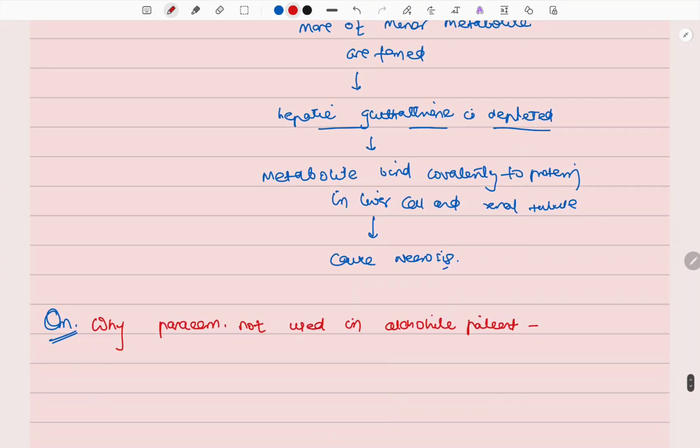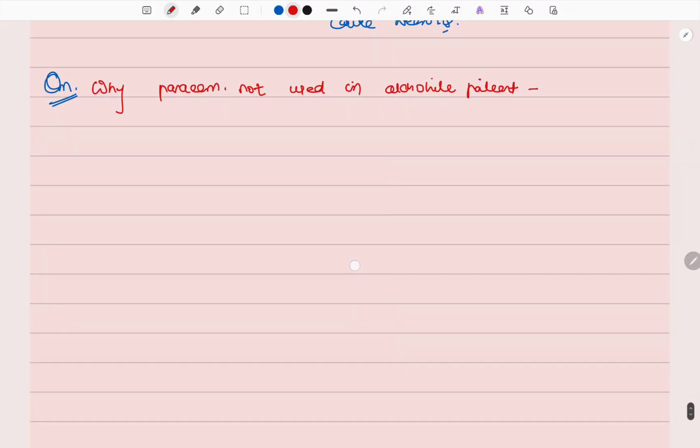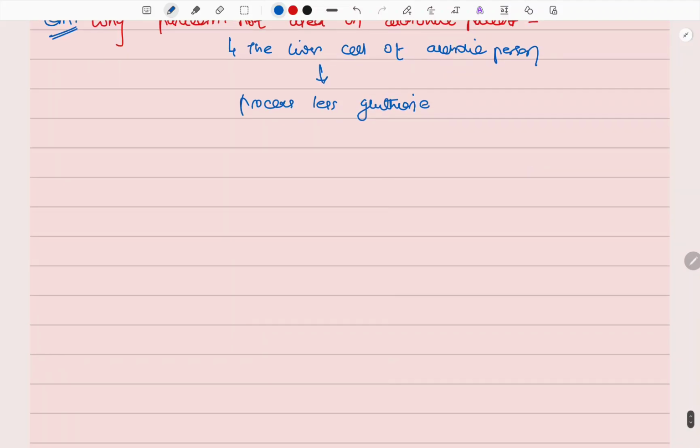Hepatic glutathione gets depleted, the metabolite binds covalently to proteins in liver cells and renal tubules, and that will cause necrosis. So here we write that the liver cells of the alcoholic person produce less glutathione, so liver toxicity will be more.